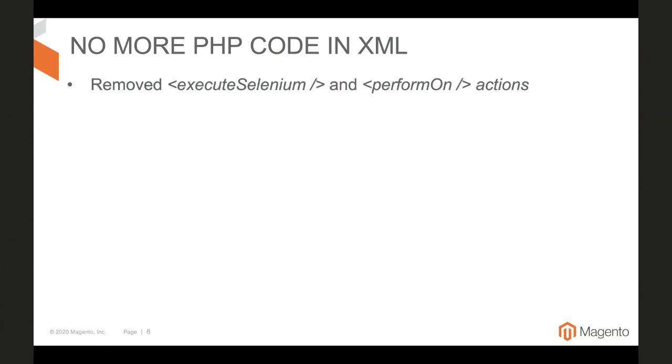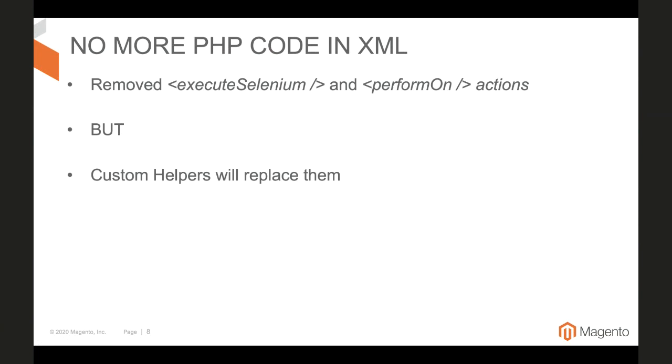So we decided to remove those two actions from MFTF and not allow any PHP code to be written in XML. But we also introduced custom helpers to replace them.